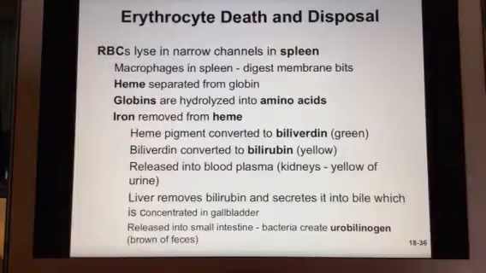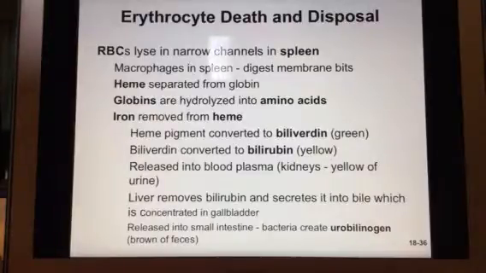The iron is released into the blood plasma, and then the liver removes other proteins and secretes them into bile. So everything gets broken down, and everything goes into different locations to be reused.